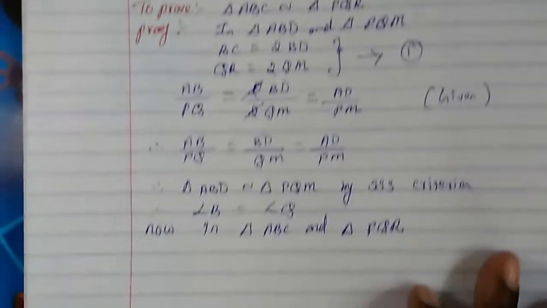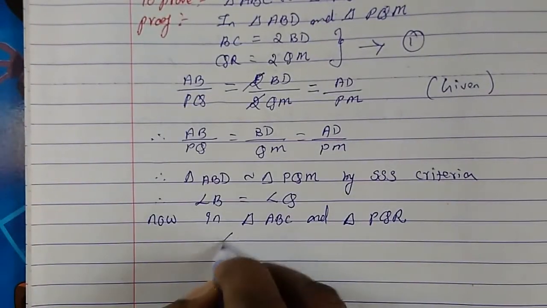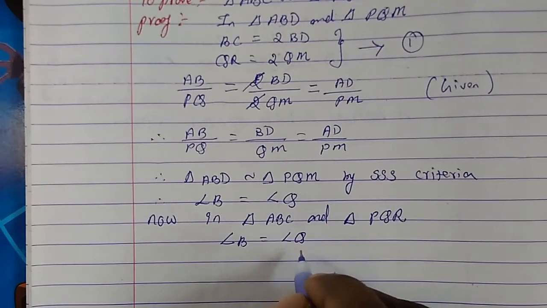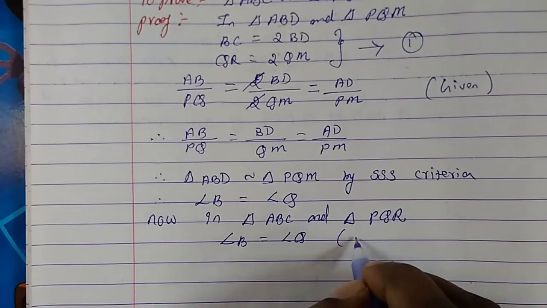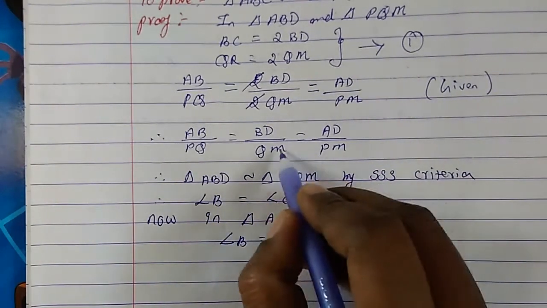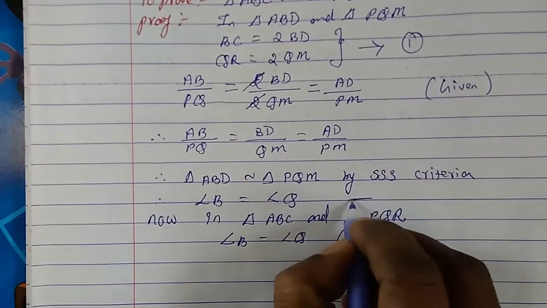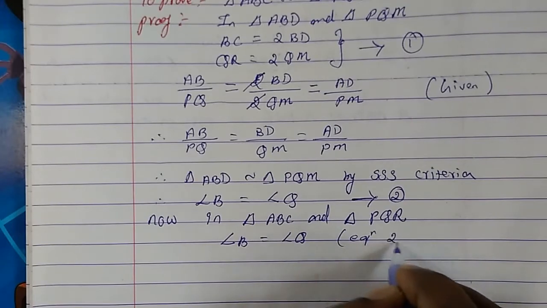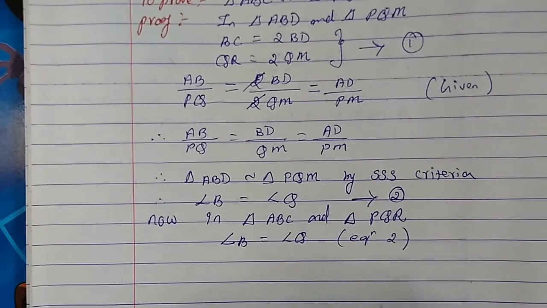So in this triangle, angle B is equal to angle Q, because we can use this as equation 2, so that you can write equation 2 in bracket as the reason.